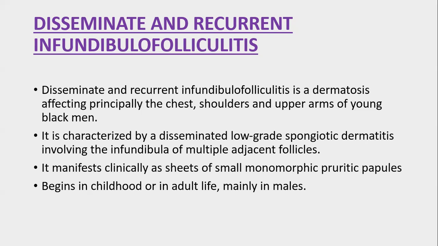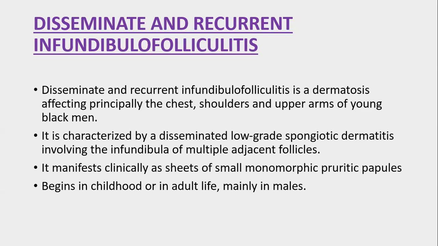The next disease we are going to consider is disseminated and recurrent infundibulofolliculitis. It's a dermatosis affecting principally the chest, shoulders, and upper arms of young black men, characterized by disseminated low-grade spongiotic dermatitis involving the infundibular portion of multiple adjacent hair follicles.